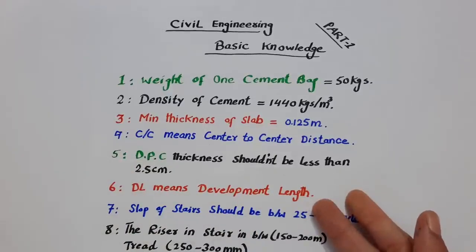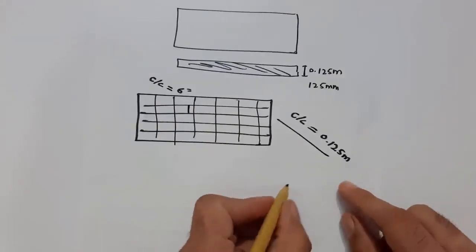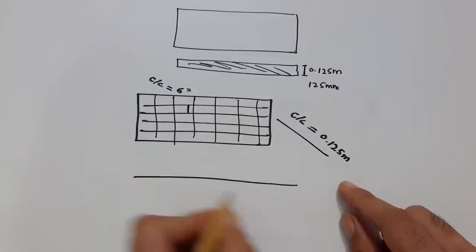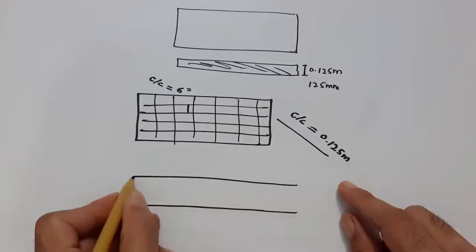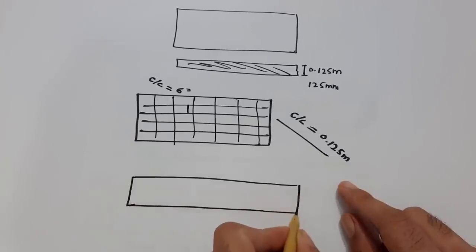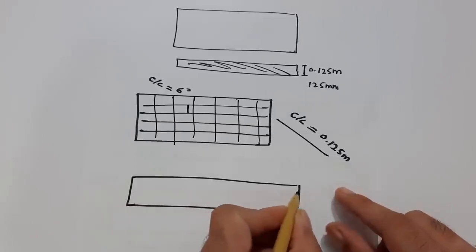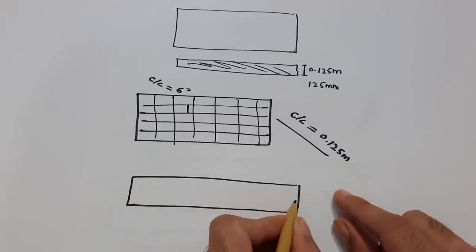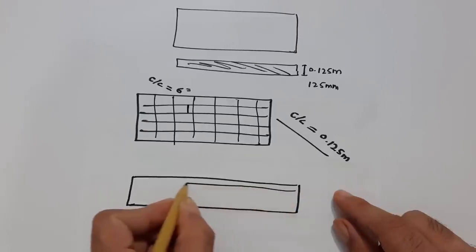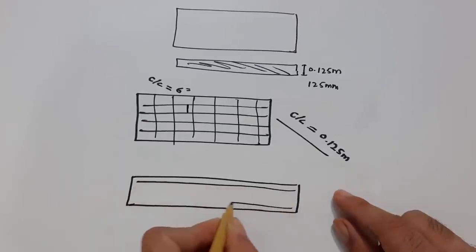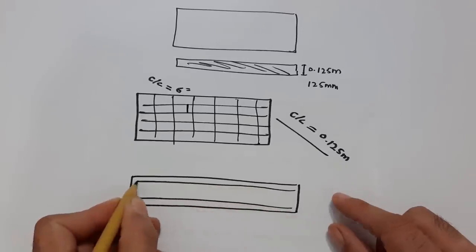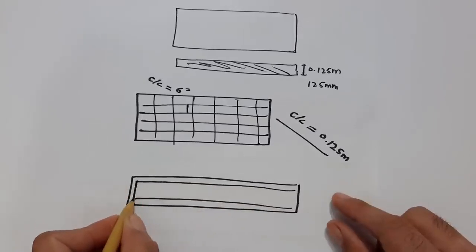The sixth one is DL, which means development length. What is development length? Guys, you can see here, this is a beam, and inside this beam I am providing steel rods, in long section. One steel is coming to the downside and this one is going to the upward side.